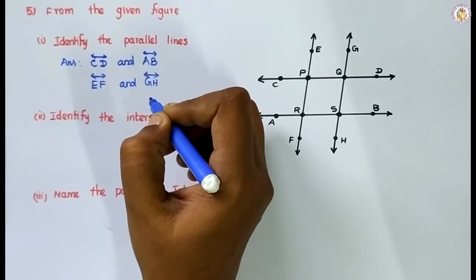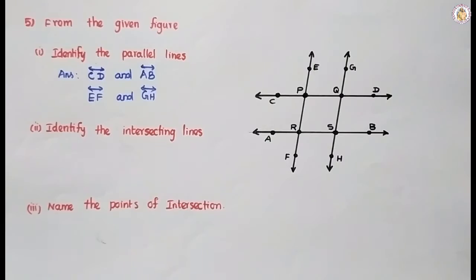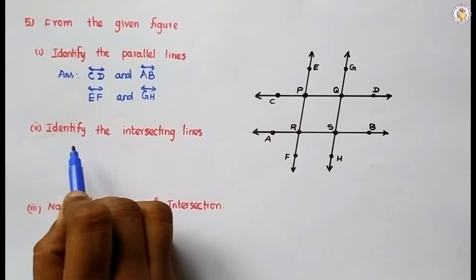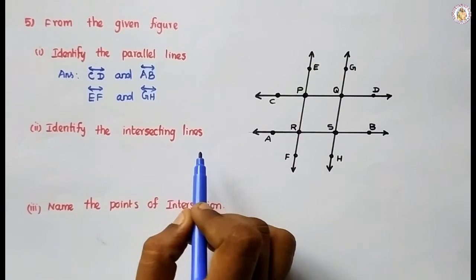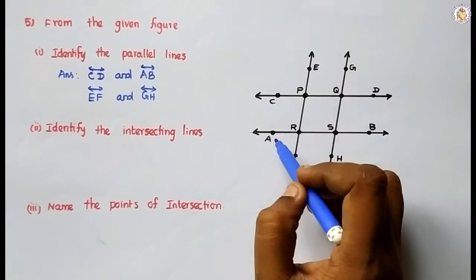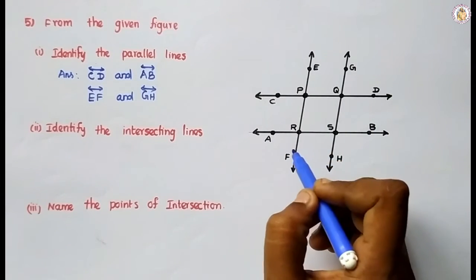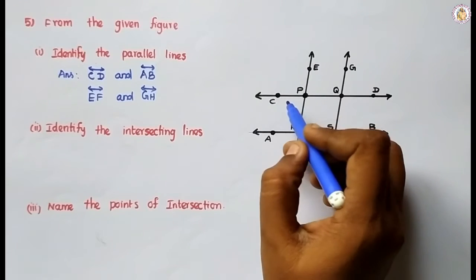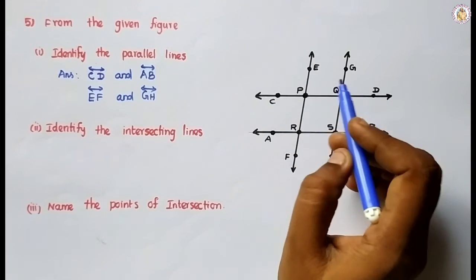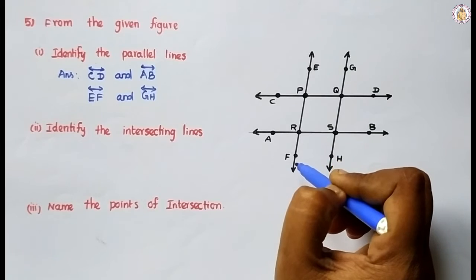Next one, identify the intersecting lines. Listen, intersecting lines means a line cuts another line, that is intersecting lines, right? Listen, CD cuts EF.